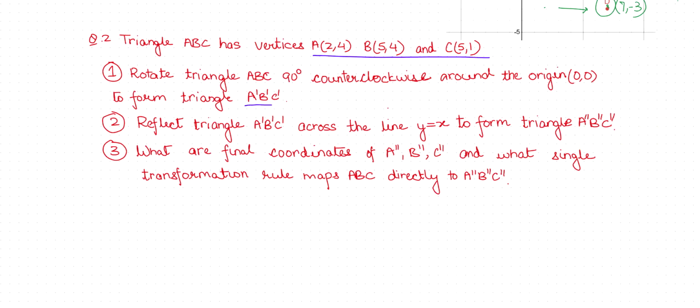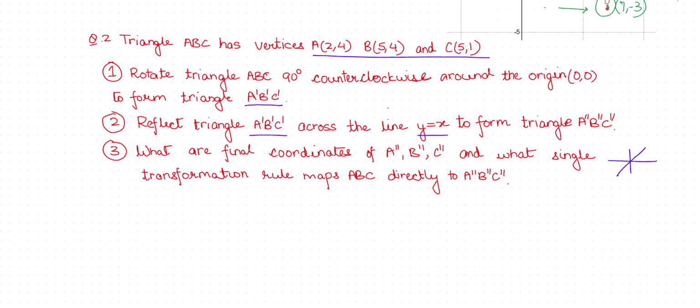Then we reflect triangle A prime B prime C prime across the line y equals x to form the triangle A double prime B double prime C double prime. Then we find the final coordinates of A double prime, B double prime, C double prime.